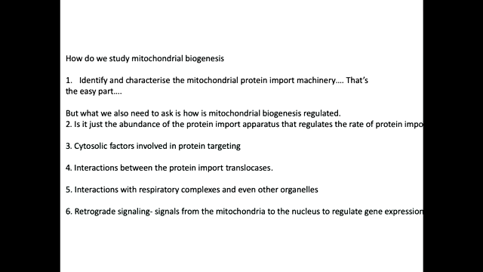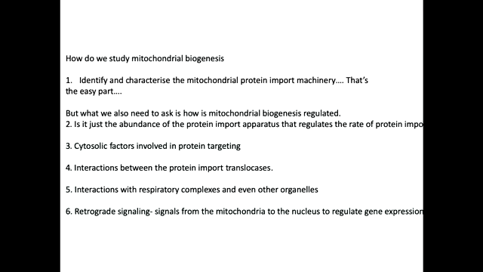We know that the abundance of particular transporters directly correlates to the rate of import. I've shown, and other people have shown, that if I increase the abundance of just TIM17, I can increase the rate of import twofold. So it's directly correlated. But we also know that there are a lot of cytosolic factors involved in protein targeting.